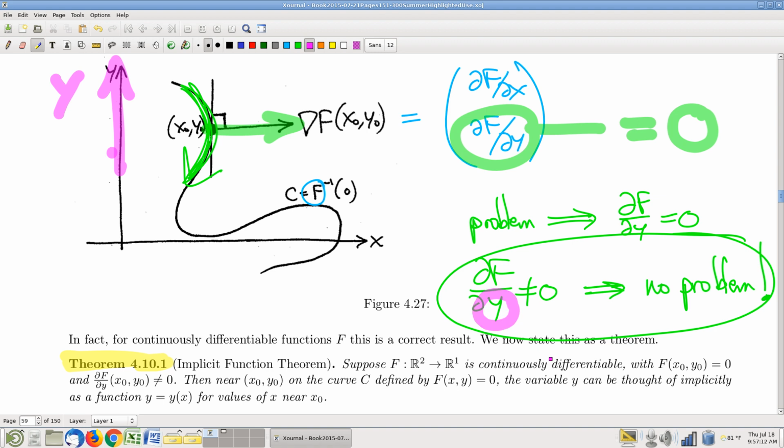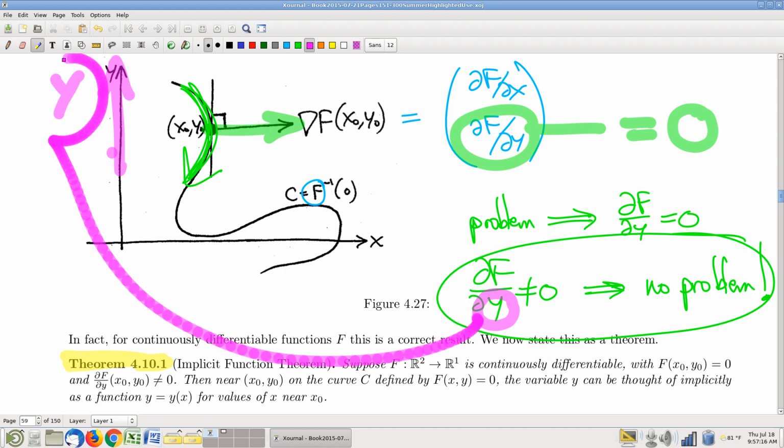Take its partial derivative with respect to y, that same variable that you want to view as being a function. Confirm that it's not 0. And then go ahead. Implicit differentiate all you want. It's fine. Everybody on board? That's the process. This is why it's true.